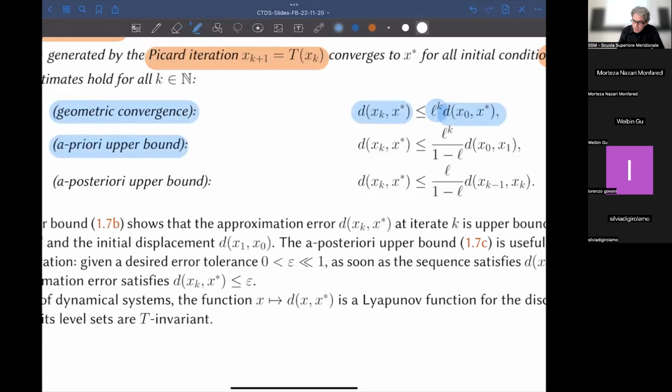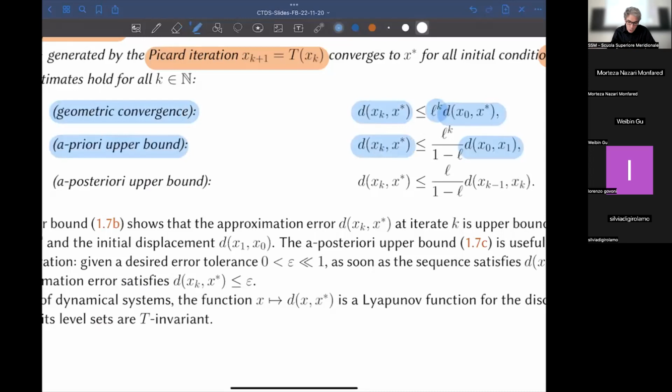A priori means, hey, I just look at how much I moved after one step from x0 to x1, and just that jump gives you an upper bound on the distance at step k, and that's L^k divided by 1 minus L, that factor. So you do one step, and now you can potentially already calculate how many steps k you need in order to get the error below an epsilon that is your tolerance.